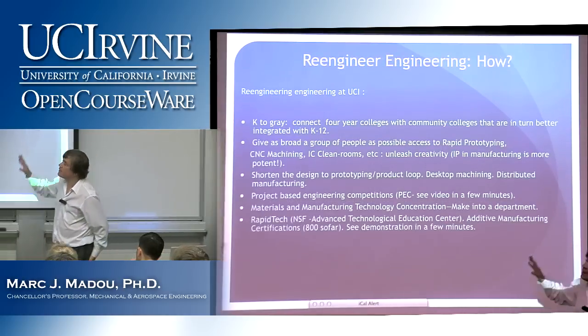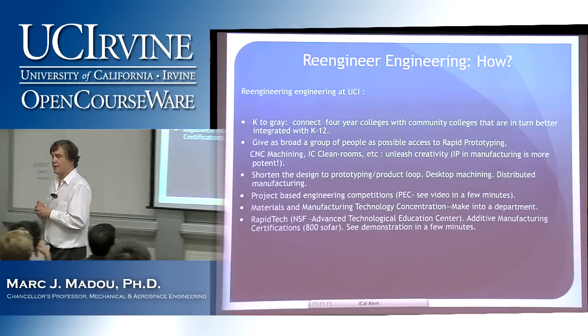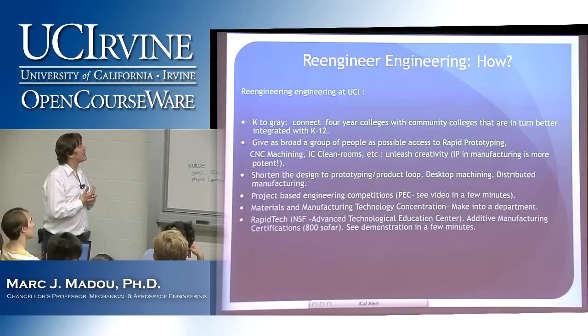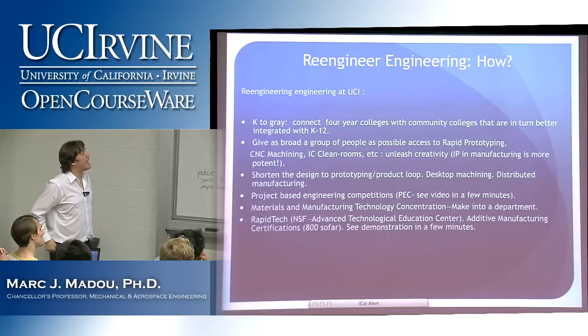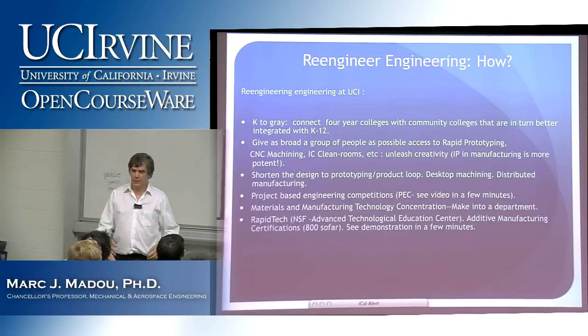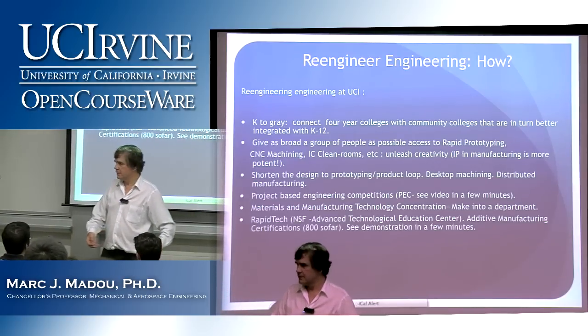So what we have started doing, at least here at UCI, and you guys are kind of the pioneering class, almost, of getting us back into manufacturing. We have named something K2 Gray. Do you know what that could mean, K2 Gray? Kindergarten to gray, all the way.